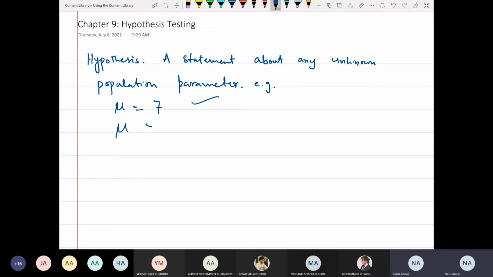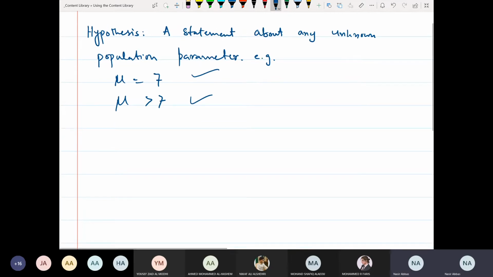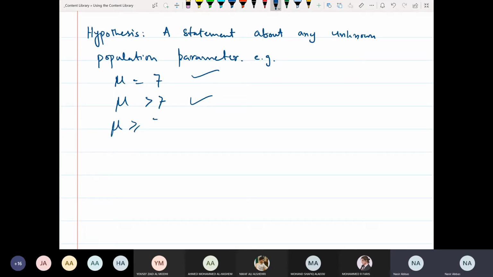Or mu greater than 7. That's also, I'm saying something about the unknown population parameter mu. So that is another hypothesis. Mu greater than or equal to 7. That's also hypothesis. P less than or equal to 0.5. The population proportion, P, is another parameter. Population proportion is less than 0.5.